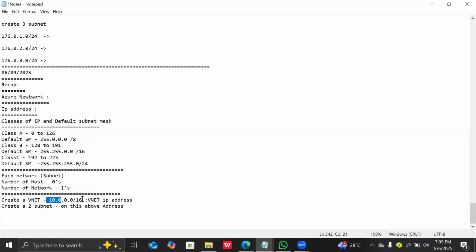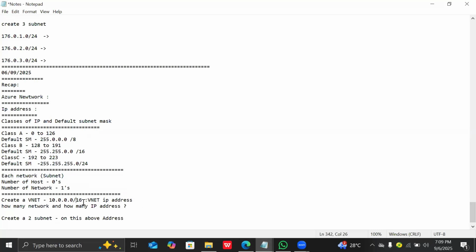When they give you this, we need to identify how many networks we are getting and how many IP addresses overall. How do we calculate it?